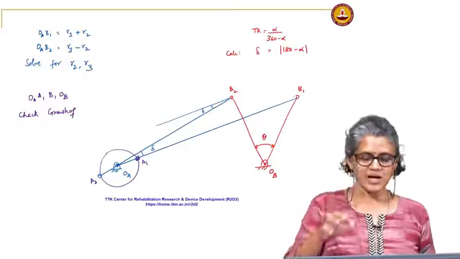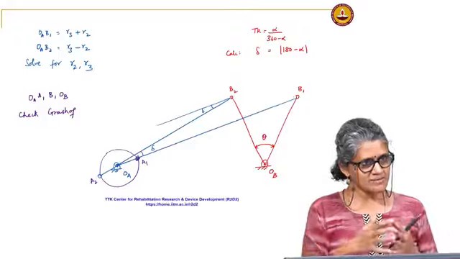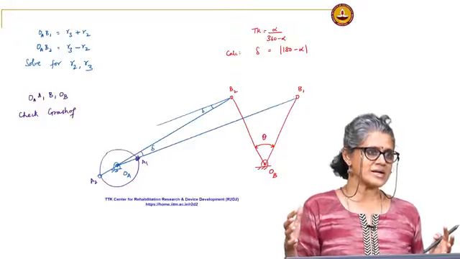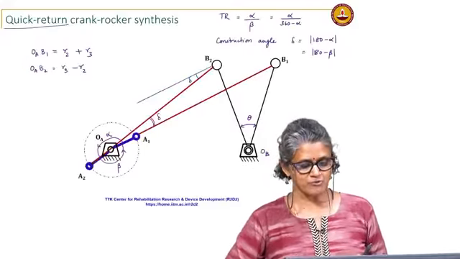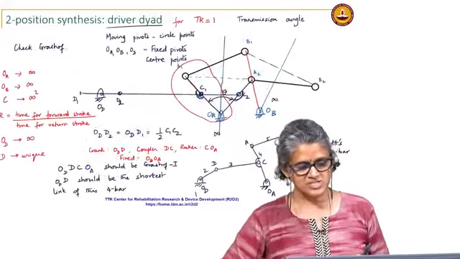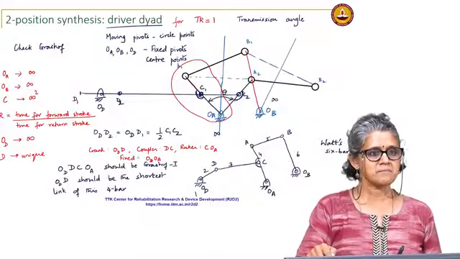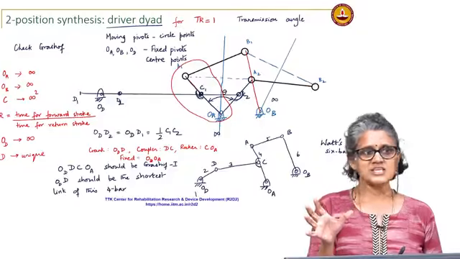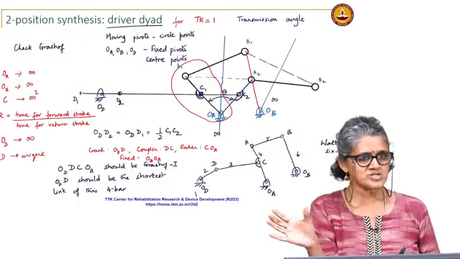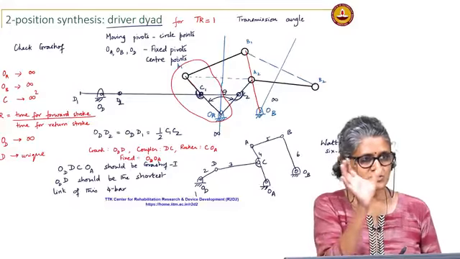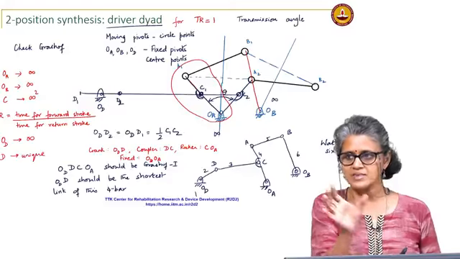Unless I just change the driver dyad part of it, I can expand or contract, but that part of the 4 bar cannot be changed, this has to stay the same. I cannot change the scale of that, because I am talking about the position and orientation of the rigid body, the absolute location and orientation in the plane.